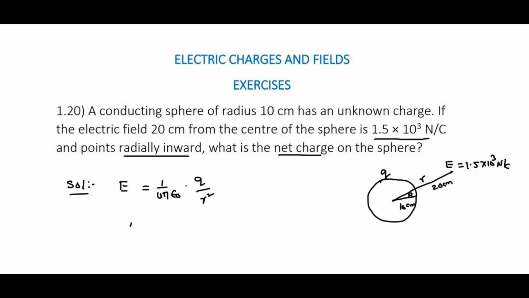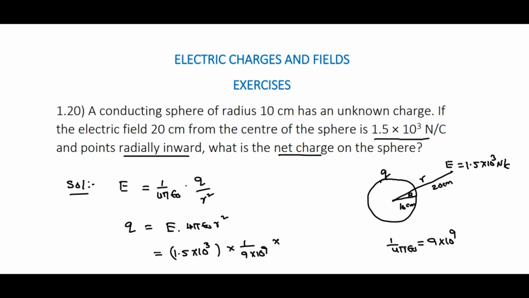From this, Q is equal to E into 4 pi epsilon naught into r square. So this E value we have 1.5 into 10 power 3 and 4 pi epsilon naught value we can write 1 by 9 into 10 power 9 because 1 by 4 pi epsilon naught value is 9 into 10 power 9. Instead of writing 4 pi epsilon naught value, it is easy to calculate.